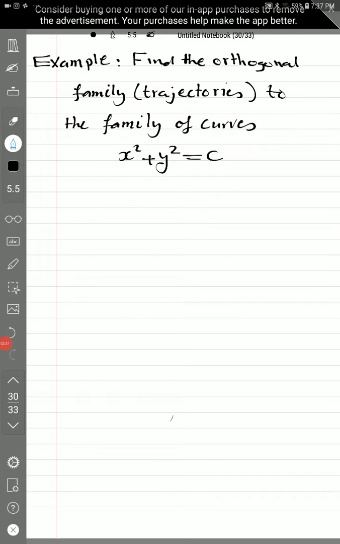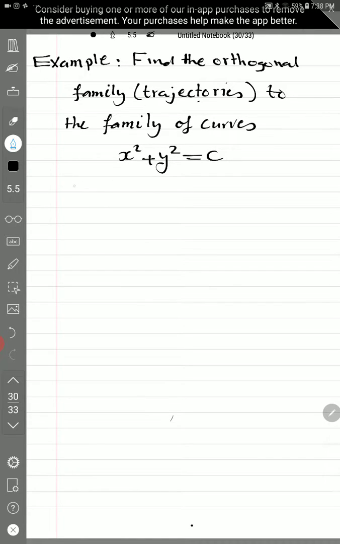Now let's take this example. In the example, I said find the orthogonal trajectories to the family of curves x squared plus y squared equals c. In fact, this family just represents circles when you change c.